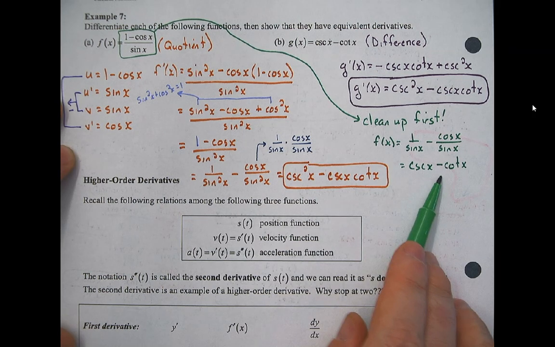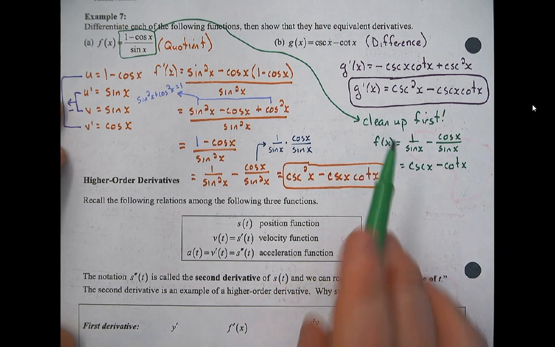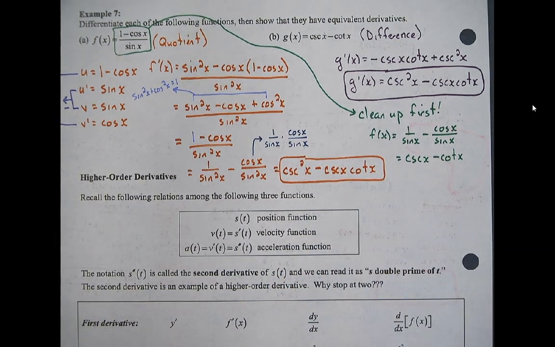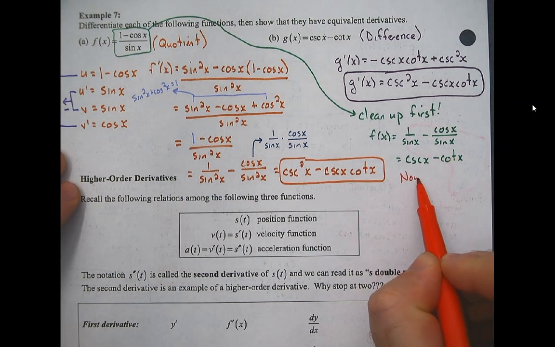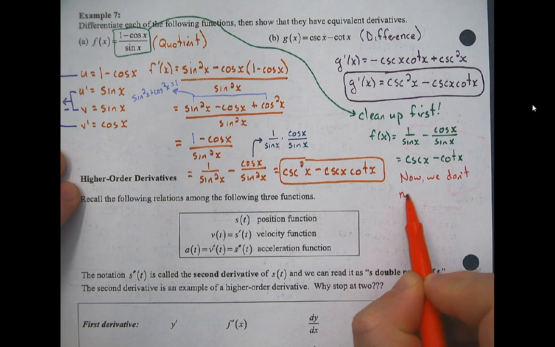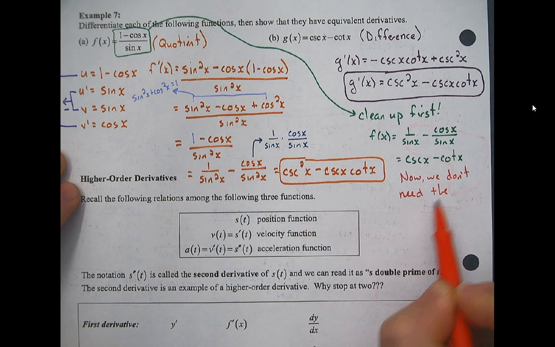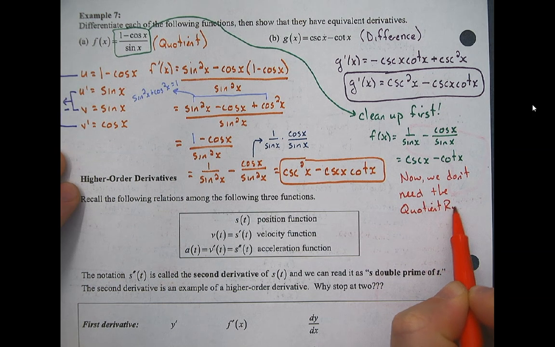Look at that, we could have done just this, but the cost for doing that is that you have to clean up first. So keep your eyes peeled. Once we do that cleanup, now we don't need the quotient rule. Yay, smiley face.